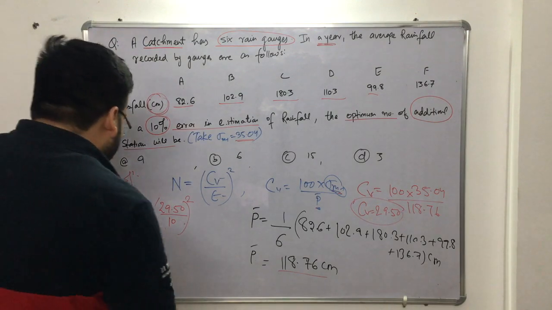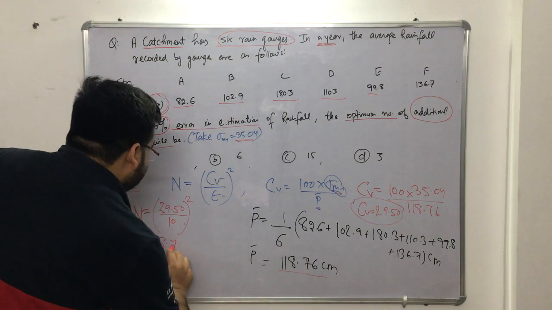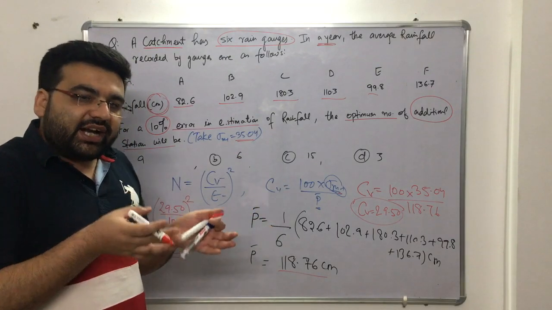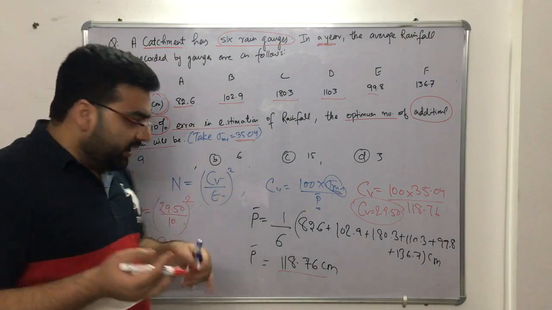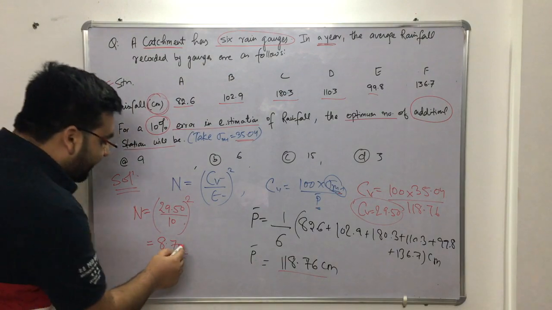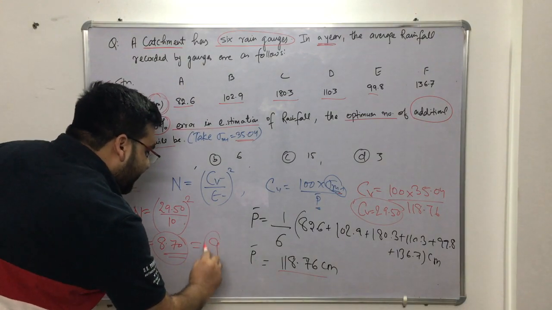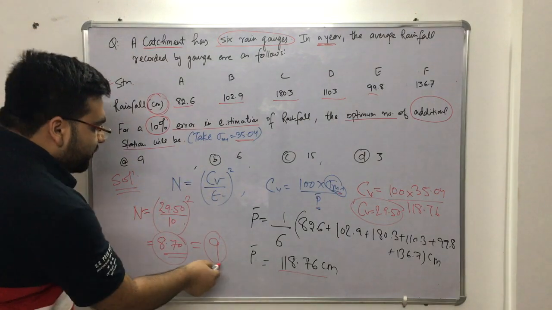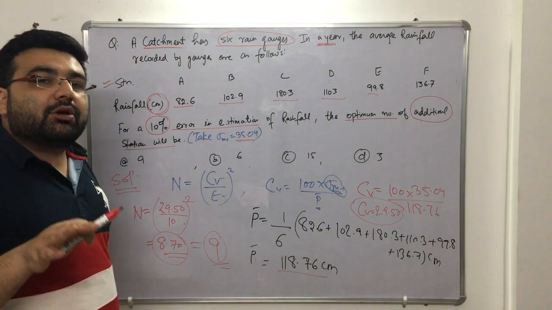It comes out to be 8.70. But you know that these are the number of stations, rain gauges, and rain gauges cannot be in fractions. If it comes out to be 8.7, let us consider it to be 9. We cannot consider 8. Obviously, more will be more helpful. So 9 will be the optimum number of stations.